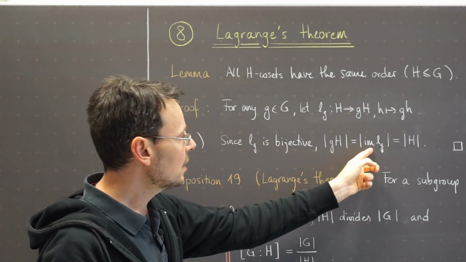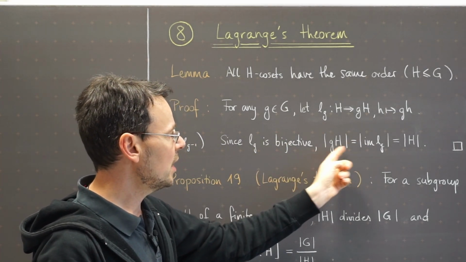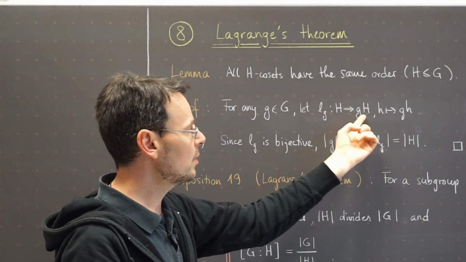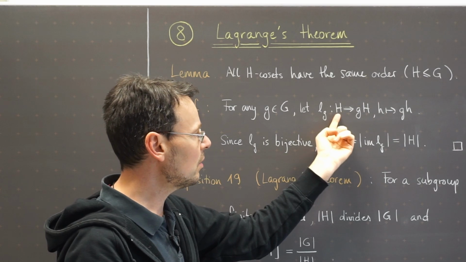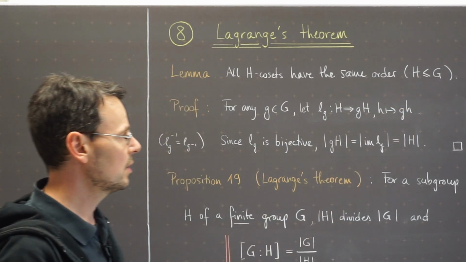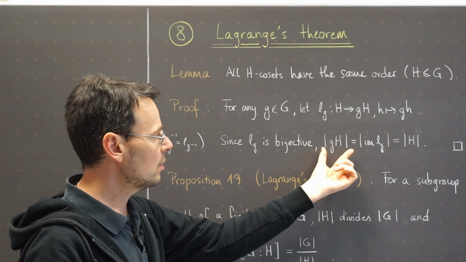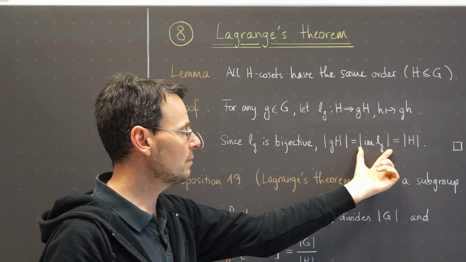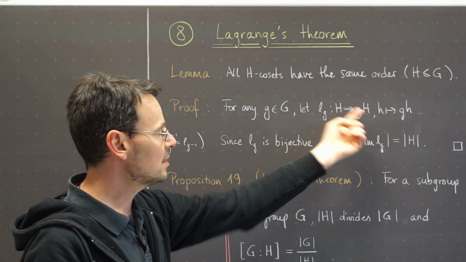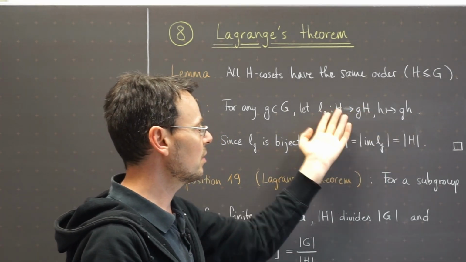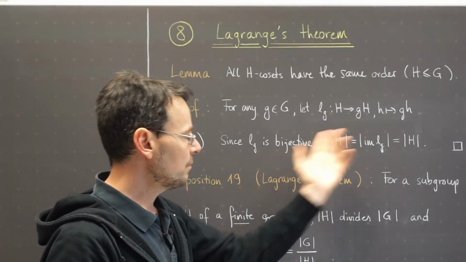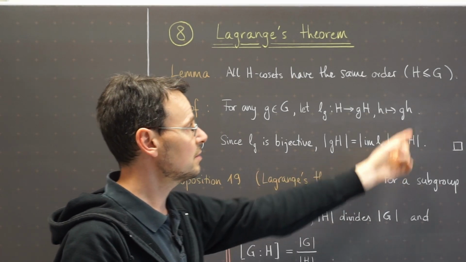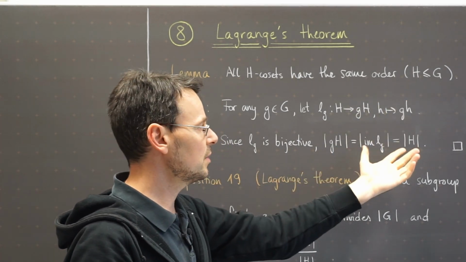So now, clearly, the left coset gH is the image of L_g, because by definition I end up with the left coset if I multiply all the elements of H from the left with g. So the order of the coset gH is nothing but the order of the image, but since this is a bijective map, this is the order of H. And for finite sets, this is very obvious, and for infinite sets, we could have an infinite subgroup of an infinite group.